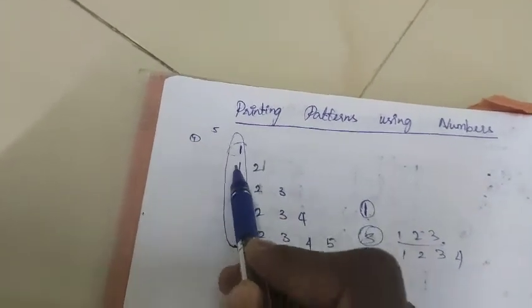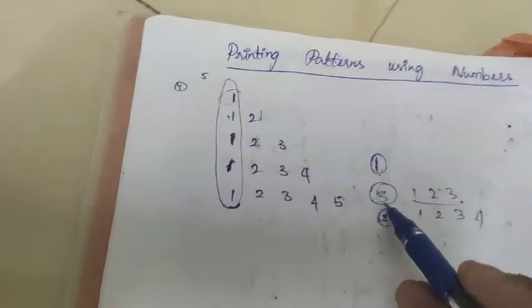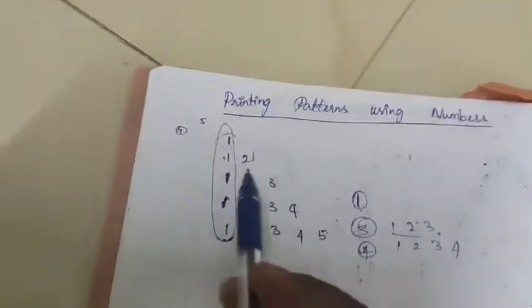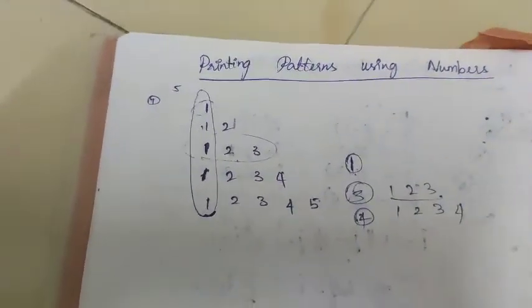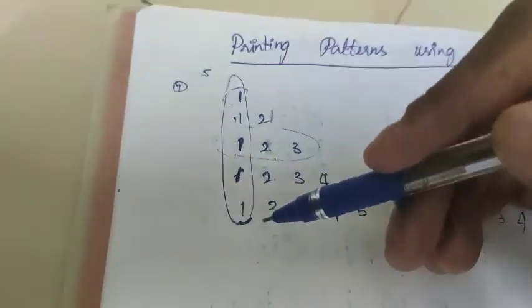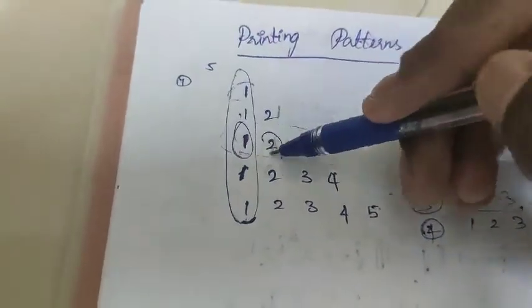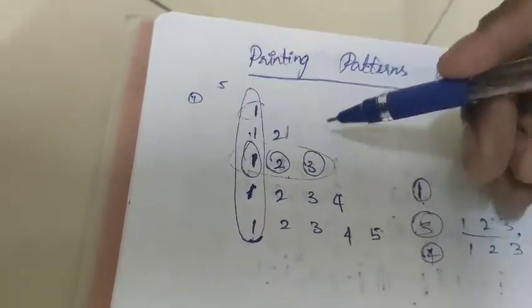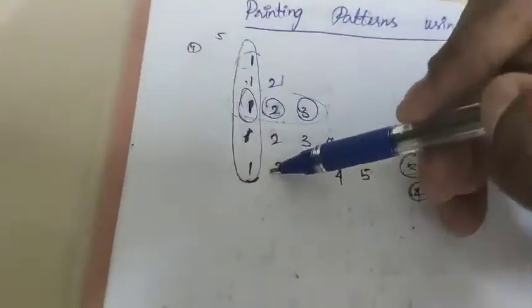In the third row I get 1 2 3, but from the column view I can get a single 1 here, a 2 here and a 3 here, and no 4 up to 3, right? So in the column manner.